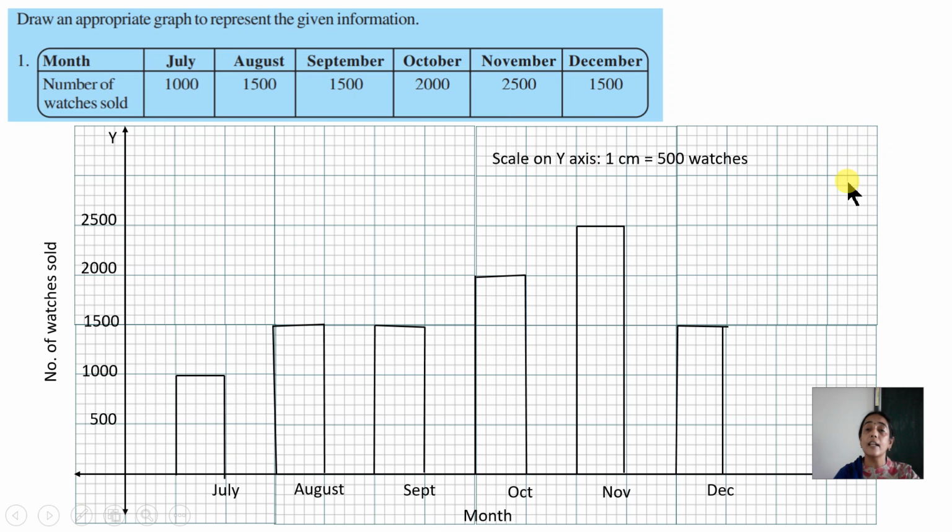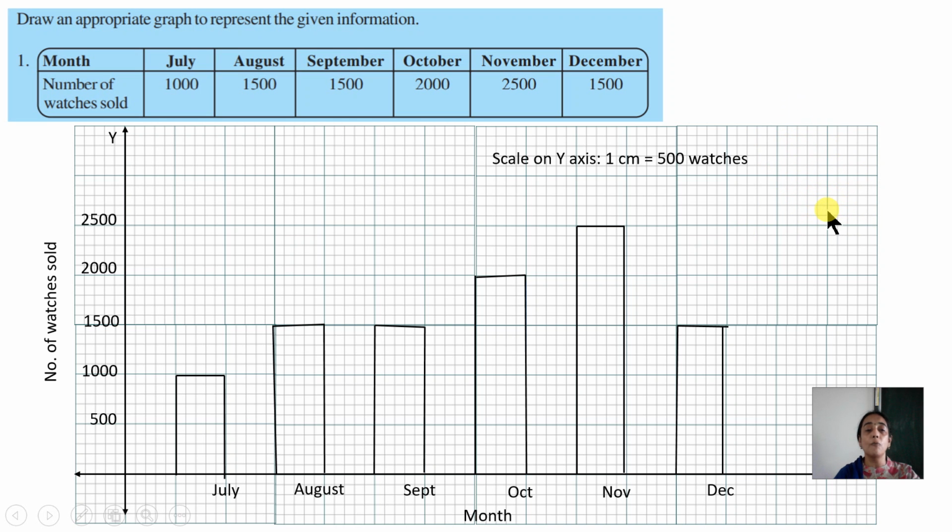There is another graph paper in which one big square equals 100 small squares. You will not buy that type. You will buy the type of graph paper which I am showing you here.